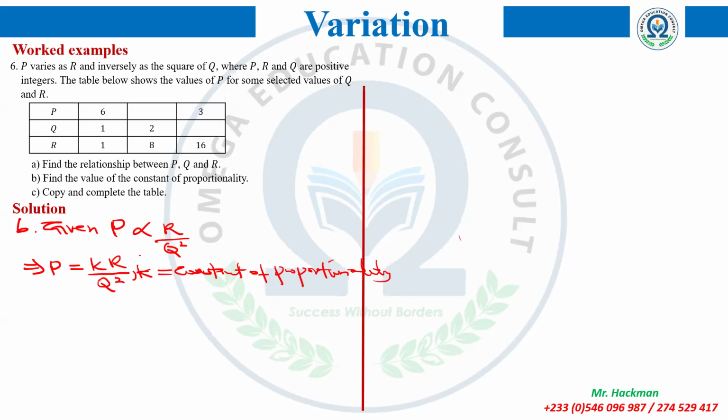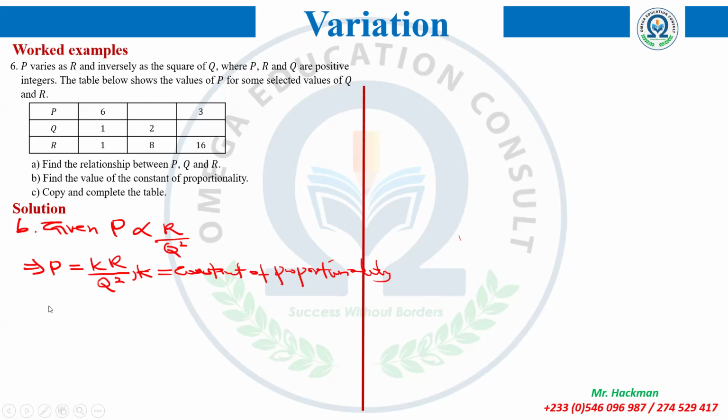Now what we have here is the result in terms of P, in terms of K, R, and Q. However, the question says find the relationship between P, Q, and R. Usually when we are looking for that relationship, we get the value of K and substitute.